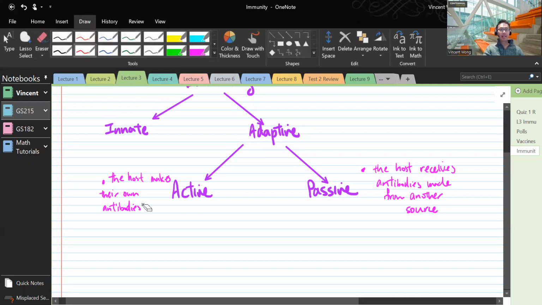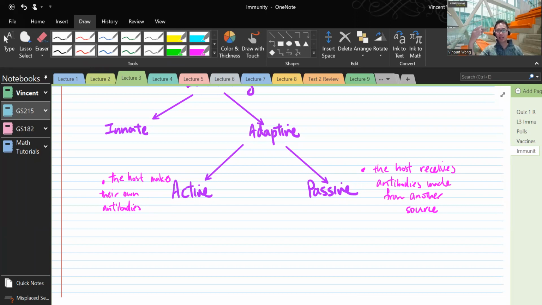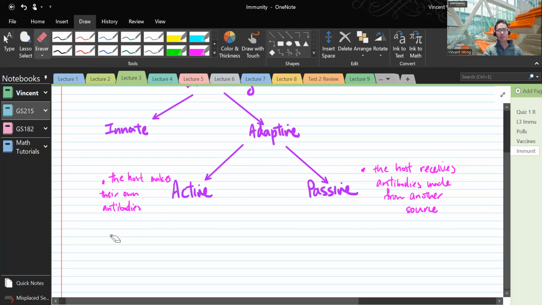Now, because you are making the antibodies yourself, that means you have to go through the whole antigen presentation, the activation of T cells and then the clonal expansion and all that. This is not going to be immediate. You will not be able to have an effective immune response immediately. But once you have it, it will be long lasting.